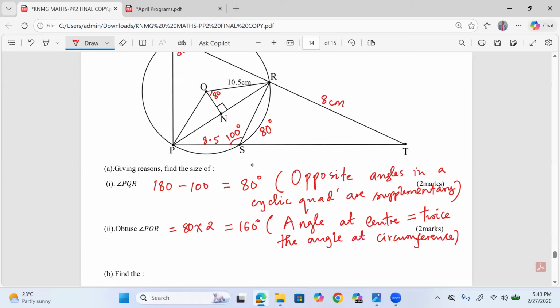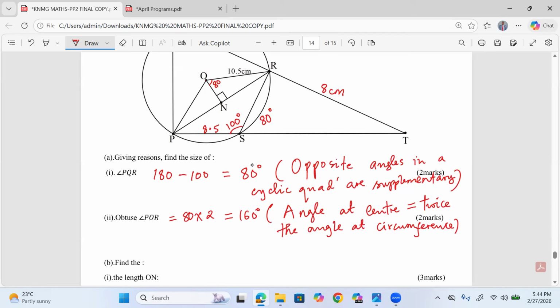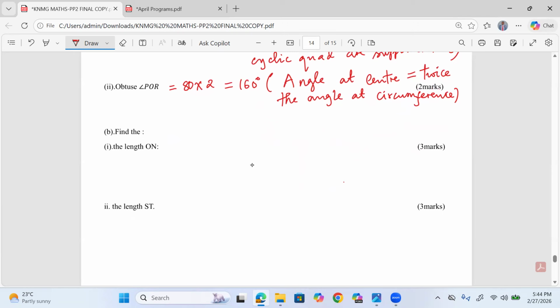So we can apply some trigonometry there. Because we are interested in this length ON, and we have the adjacent angle, we talk about cosine of 80. Cosine of 80 is equal to the adjacent length, which we don't know, over the hypotenuse, which is known. To remain with x, we need to multiply through by 10.5.